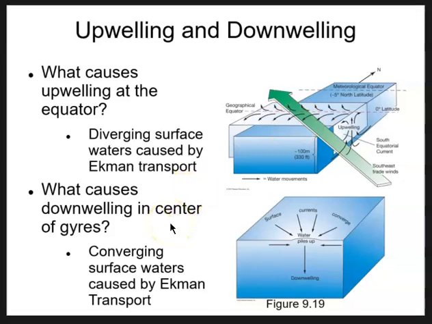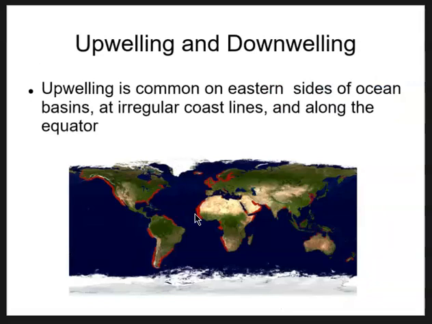Okay, so we can see that upwelling and downwelling is common on the eastern sides of ocean basins. As we can see here, we've got lots of upwelling. We've got lots of upwelling over here as well, and also along irregular coastlines and also along the equator.